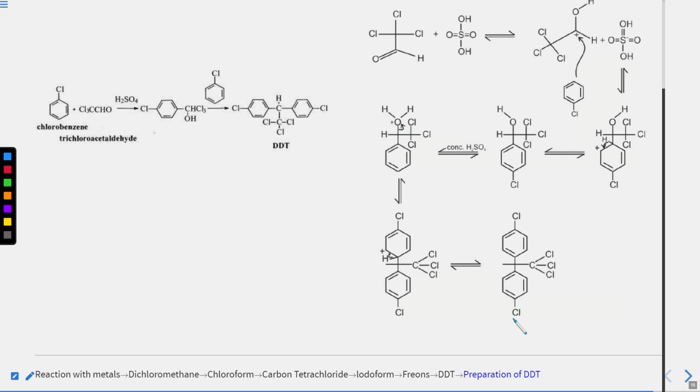It can be asked directly what the product is, or how you can prepare it. So you can simply use your Swarts reaction. We use carbon tetrachloride in the presence of SbF5, we reacted 2 moles of SbF3 with it, and we got our product. And talking about DDT, you must be well aware of its structure and the mechanism used for its preparation.